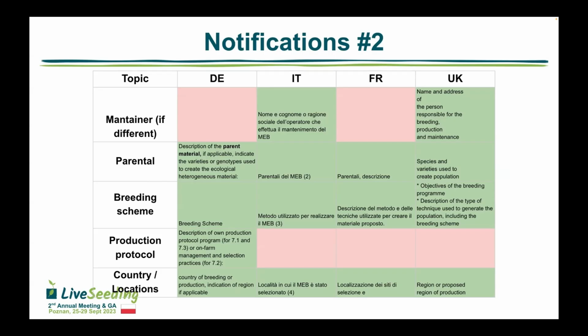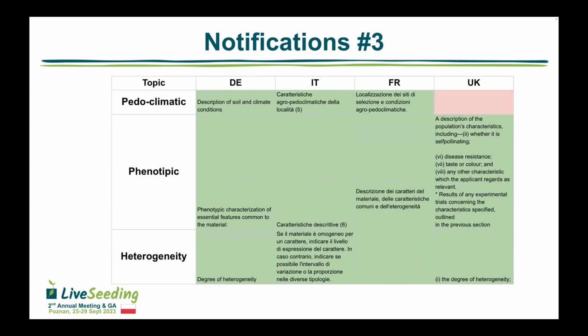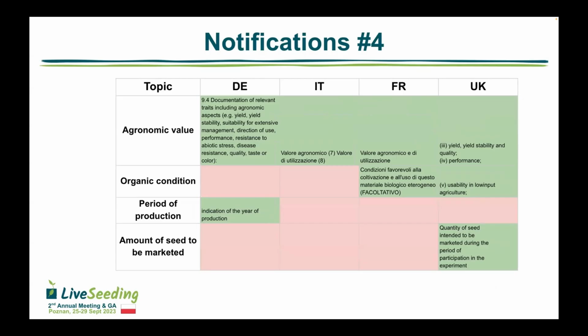Then they request information about production tools, location, pedoclimatic condition, phenotypic condition, heterogeneity. So this will be a set of phenotypic descriptions of the OHM, agronomic value, organic condition, period of production, and the amount of seed to be marketed.